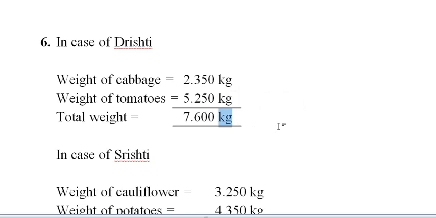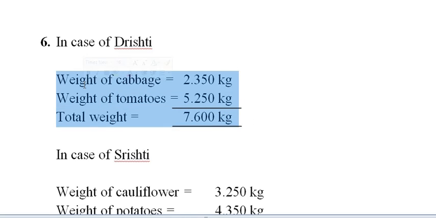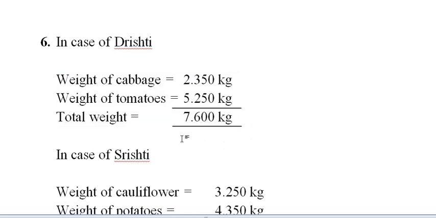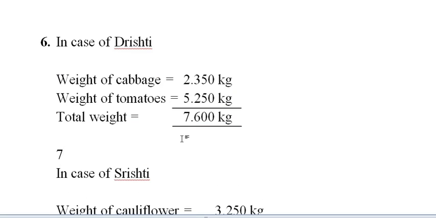So now you have to add the weight of vegetables that Drishti had purchased, and it is coming 7.600 kg, or you can simply say 7.6 kg. You can also write 7 kg 600 gram. It is your choice.